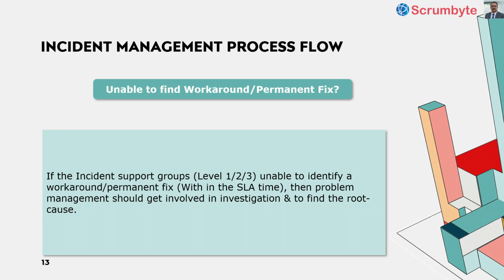Why has this happened? At this point they will decide, hey, this cannot be fixed by traditional methods. We need a separate mechanism. This root cause is telling us that it needs a complete rewrite of this code or whatever it is. That is how the support group is going to decide.